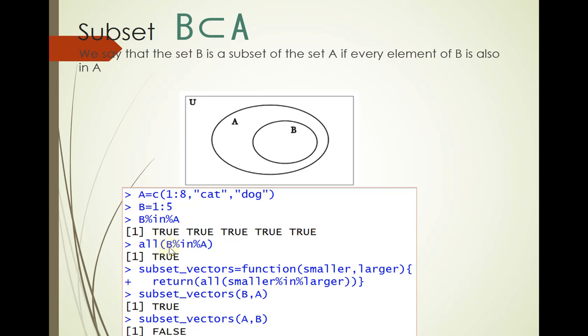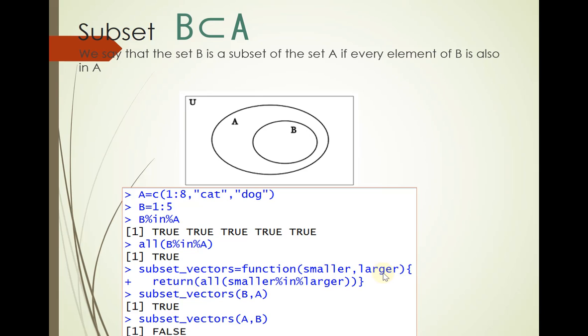So with this somewhat simple statement, we can now make a subset for vectors function. So I call it subset for vectors. Given 2 vectors, determine whether the first one is a subset of the second one. So what do we do? Let's call the first one the smaller one. Well, it doesn't have to be smaller, but I'm going to call it smaller.